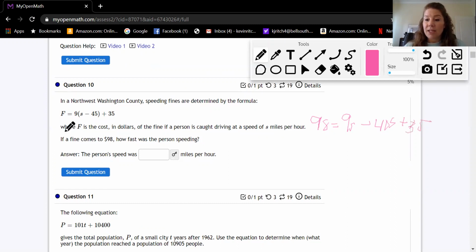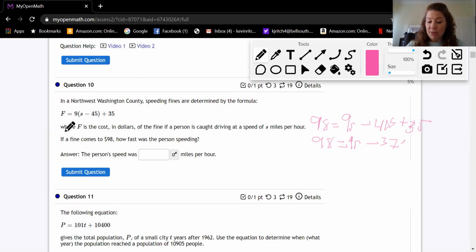So 98 is equal to 9S, and then negative 405 plus 35 is negative 370. Then I'm going to add 370 to both sides.